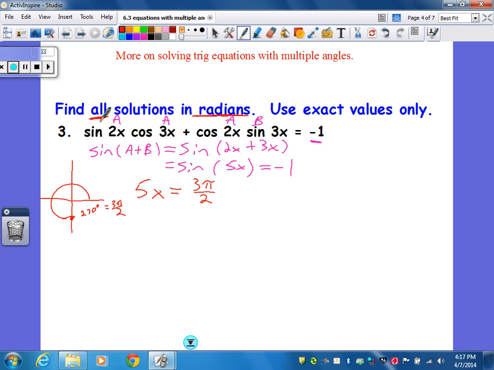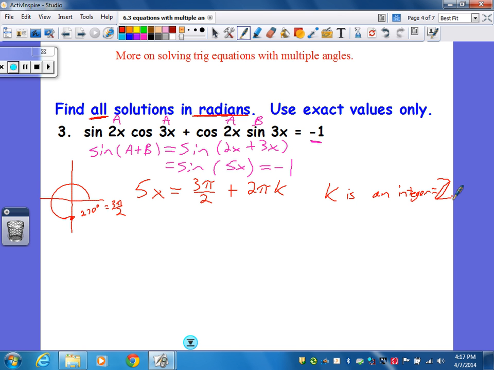So we're going to add 2 pi k, where k is in the integers, which I'm going to write as that weird looking Z, like a bolded Z. I'm going to write it that way from now on, just to save you some time and save me some time. So we're not writing this together.